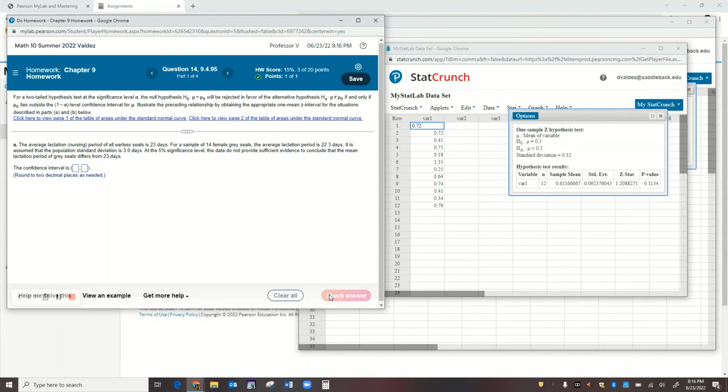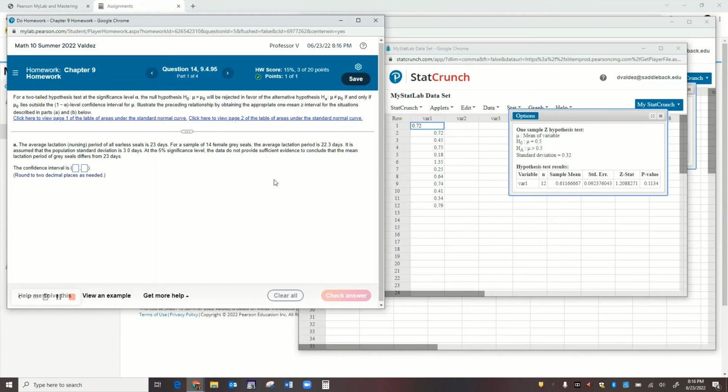Read it carefully. For a two-tailed, it must be two-tailed, hypothesis test at the significance level alpha, the null hypothesis H naught of mu equals mu naught, this just means some proposed population mean, mu naught, will be rejected in favor of the alternative hypothesis HA, which is mu is not equal to mu naught.